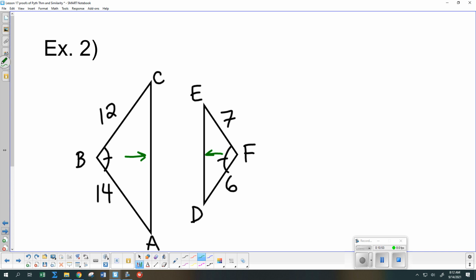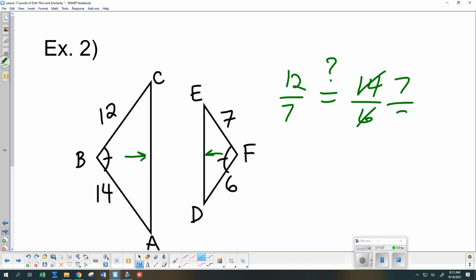So I'm going to say, oh, well, it looks like I can just kind of flip 12 over 7. Is that the same as 14 over 6? Are those the same fraction? They're both reduced completely. They don't have the same numbers in there. Oh, that didn't work. Does that mean they're not similar?